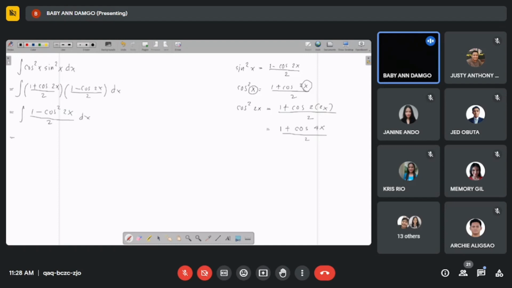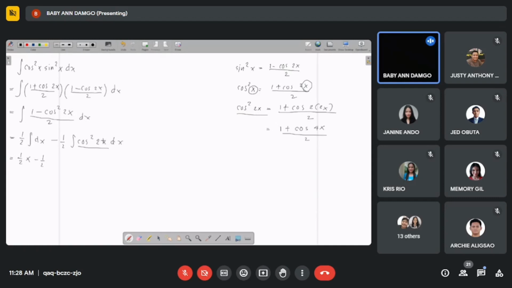So this can be written as 1/2 integration of dx minus 1/2 integration of cosine squared 2x dx. Okay, so from here, apply again the same idea, with 2x in place of x. So we have 1/2 integration of dx, which is x, minus 1/2.